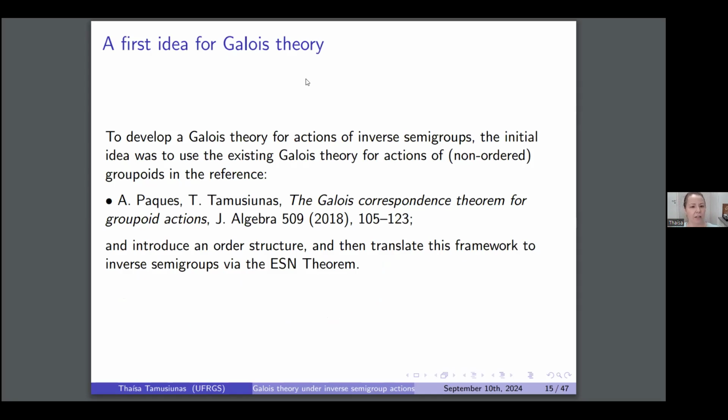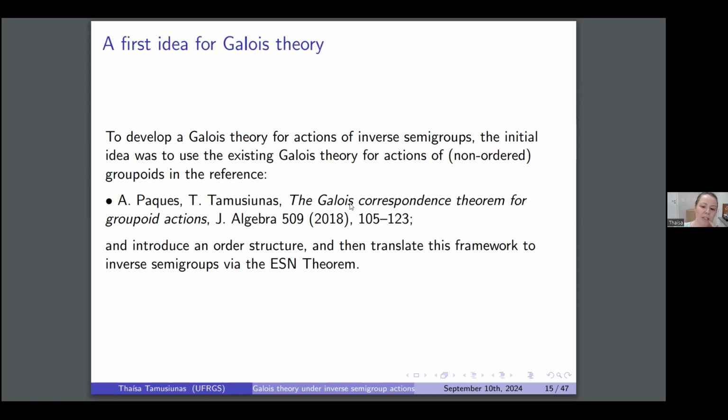Okay, a first idea for Galois theory: there is a paper that I worked on with Professor Pax from Porto Alegre, Brazil, in which we developed the Galois theory for non-ordered groupoids.